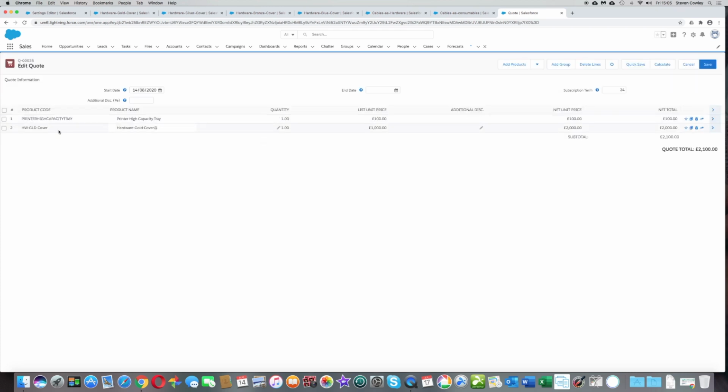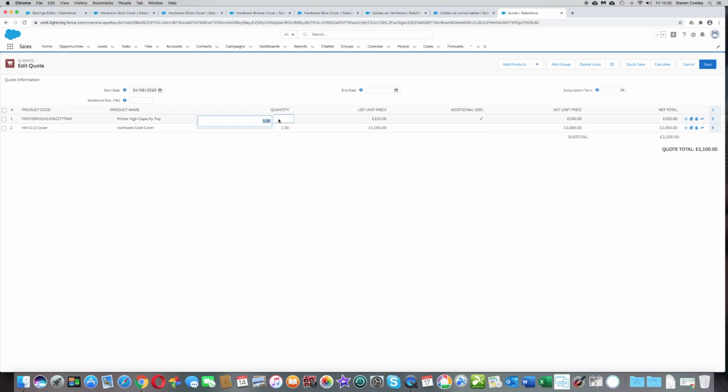So you can see here we have the gold cover. It's got a list price of £1,000, so that's what's come on the quote. We've got a subscription term for this quote of 24 months, so the price to the customer is 2 sets effectively of 12 months, so a total of 2,000.